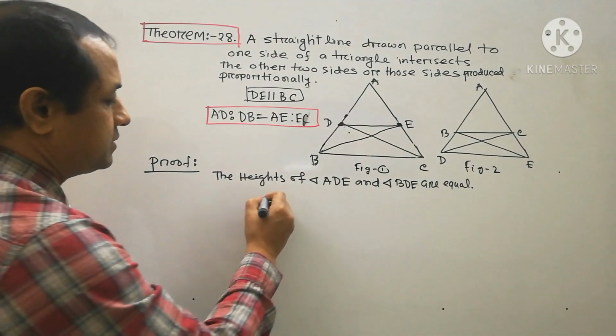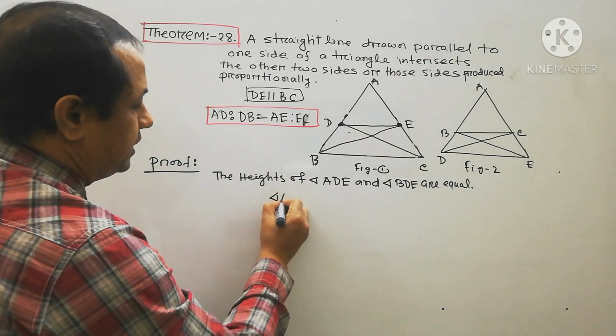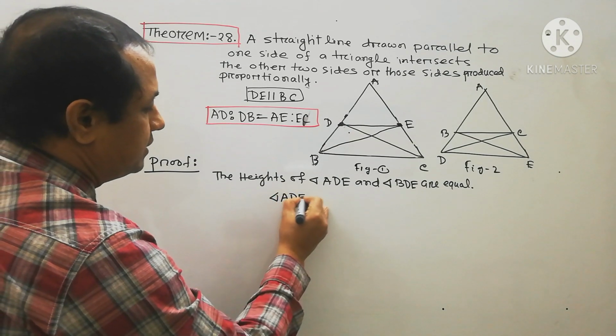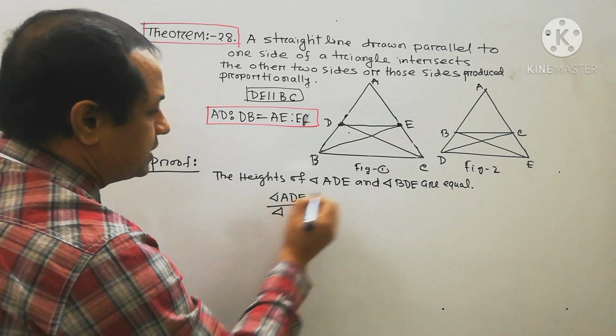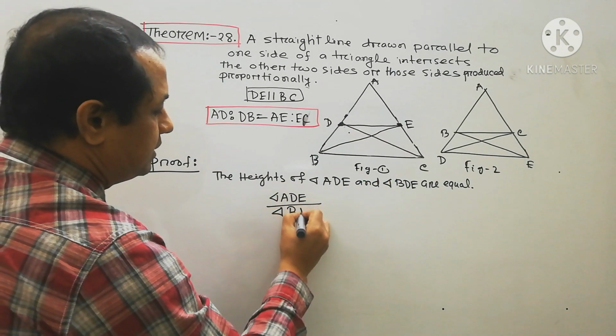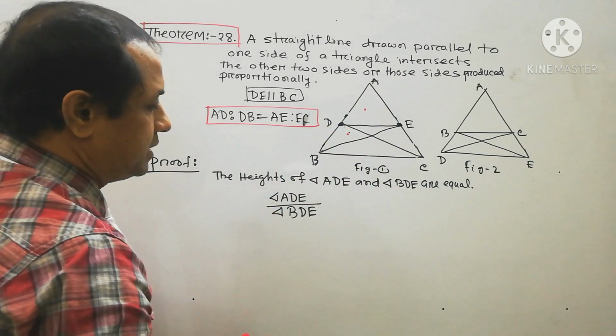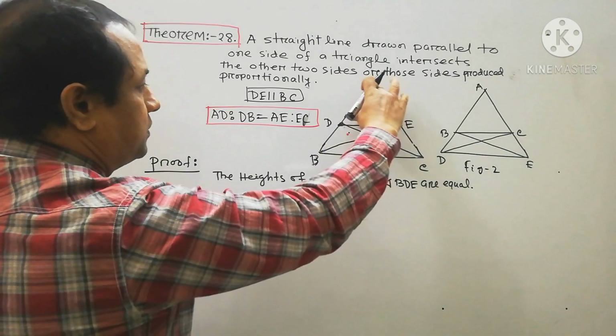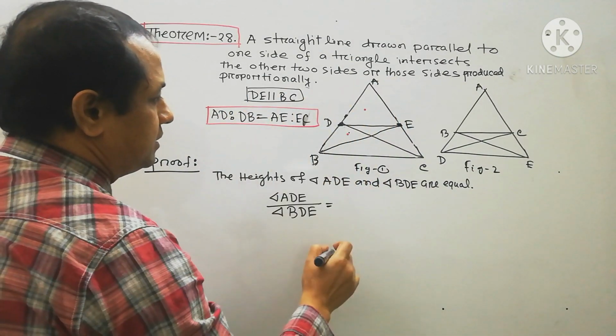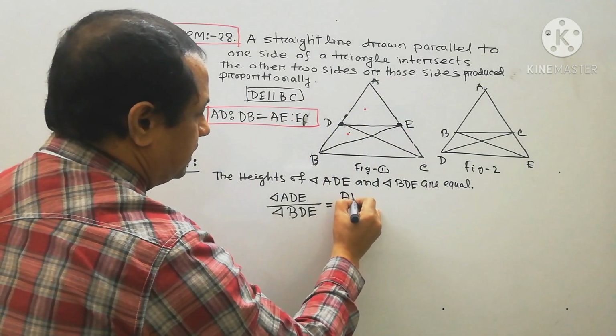So we can write area of triangle ADE by area of triangle BDE equals base AD by base BD.